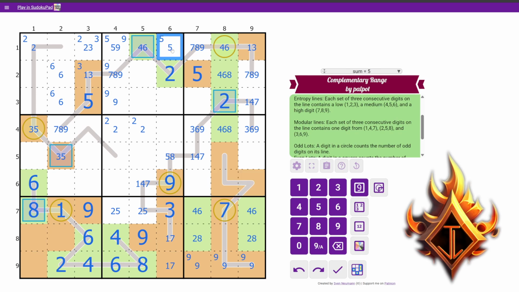If a 5 goes here, that would be 8. That could still be a 5 though. And it could put the 5 there and there. And then that would be a 2. That would probably be alright.